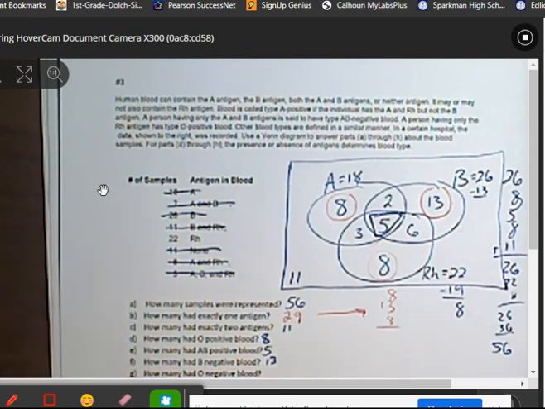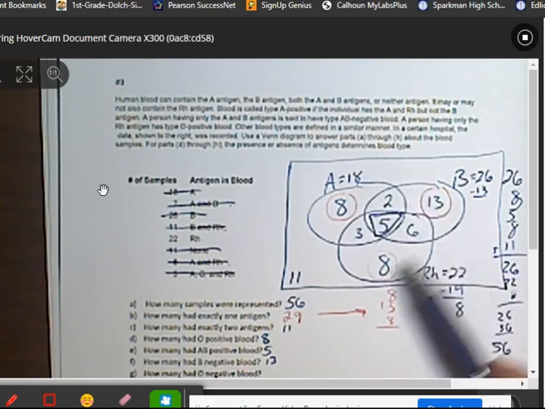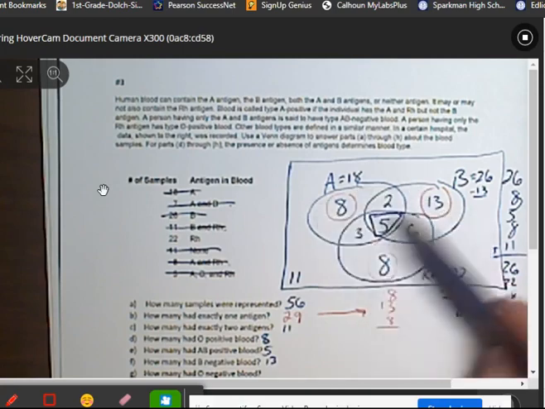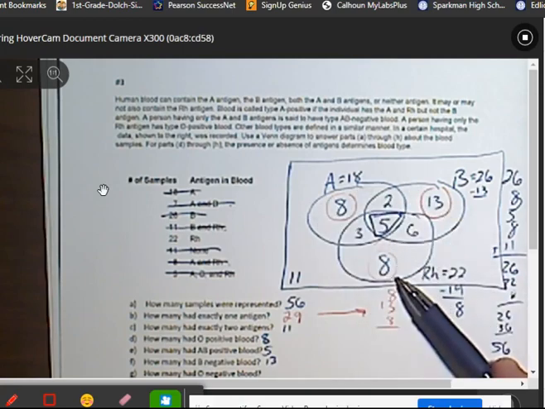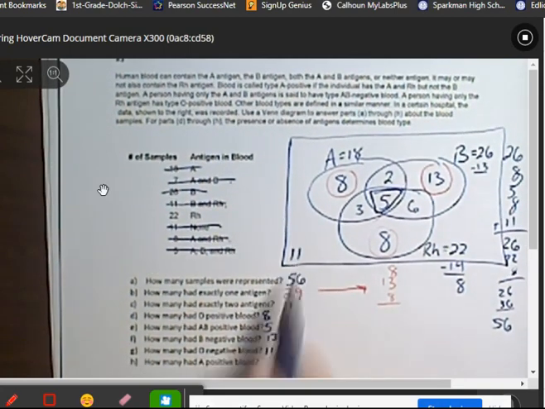If you have O negative, okay, so O negative means, so everything in here is some type of AB or O positive, basically. So everything here is AB something. This would be the part that's O positive. So basically, O negative means it doesn't really have any of this thing. So that would be the 11 that's here. That's the one that was, to me, the toughest one. I had to kind of read through that one and figure that one out. So if it's O negative, that means it's basically this group right here that doesn't have anything. It doesn't have the A, it doesn't have the B, and it doesn't have the RH. So you take all this stuff out and go from there.